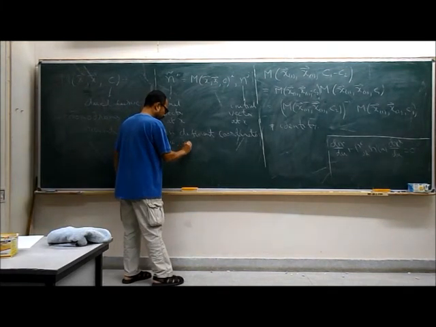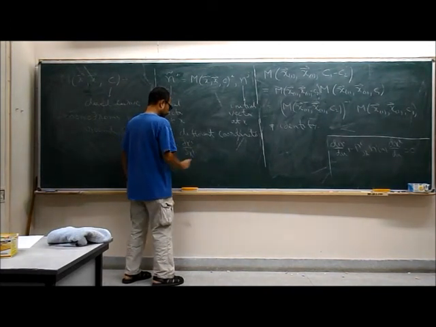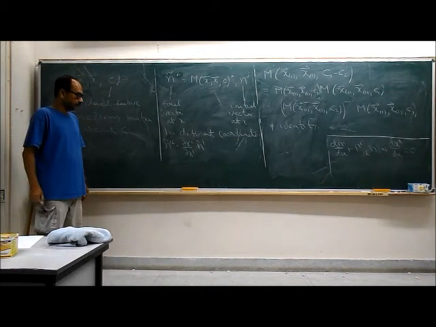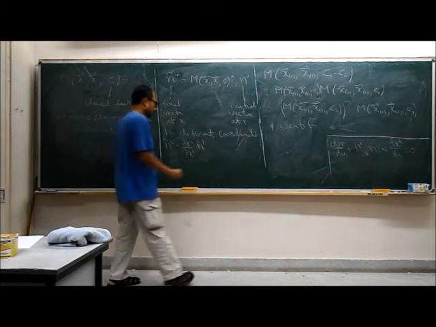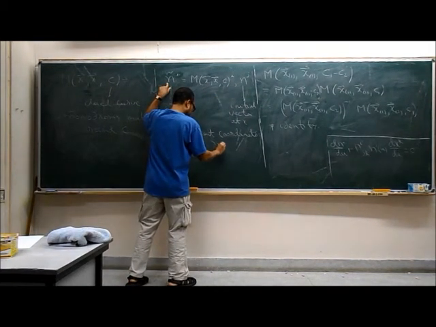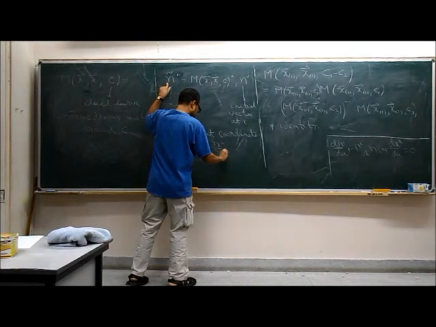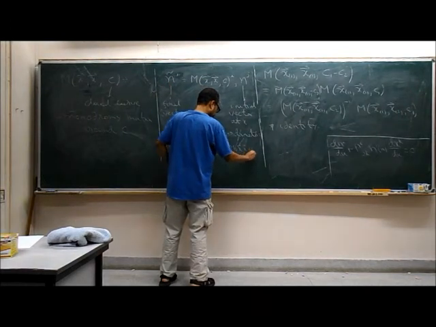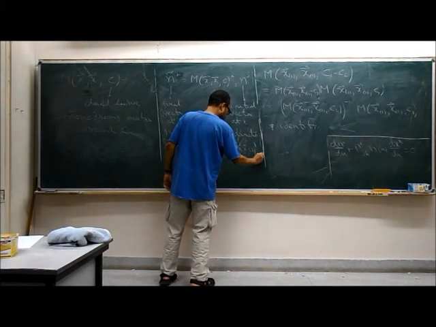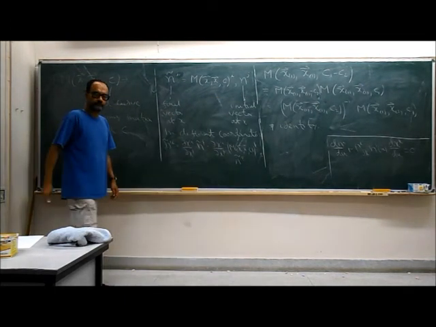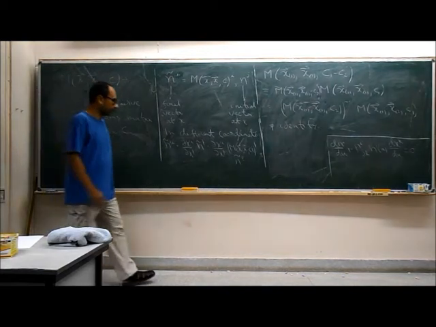This goes to del x prime i del x p times n tilde p. But n tilde p, we know we can now use this equation. So this is del x prime i del x p M(x, x, C) p q n q.